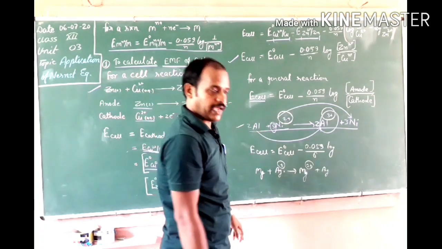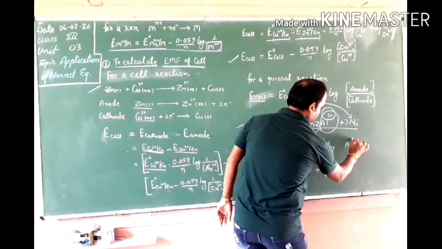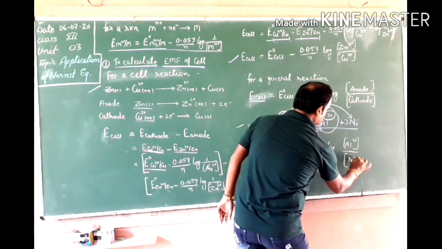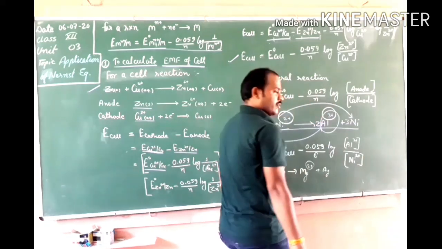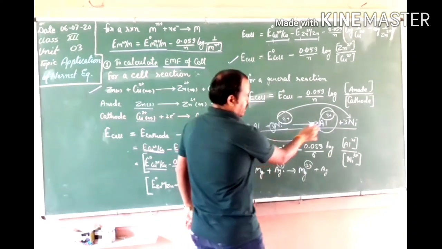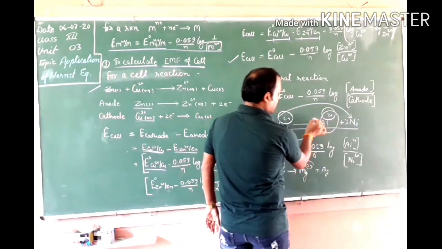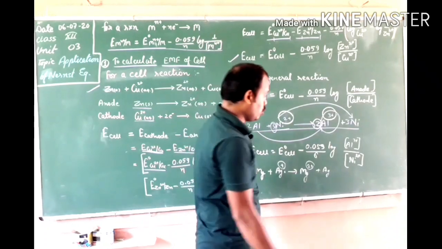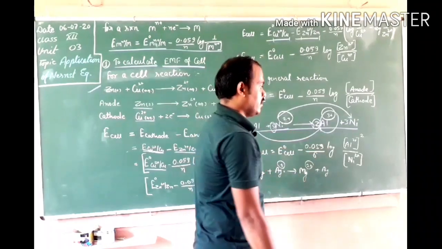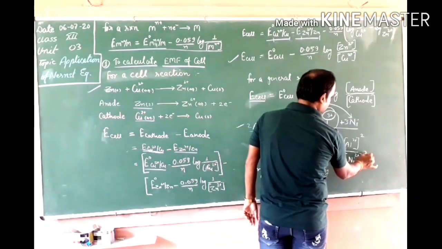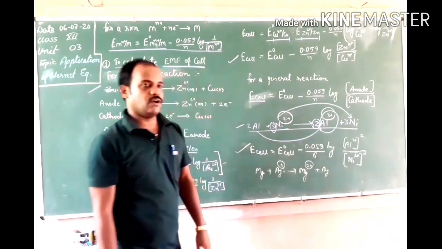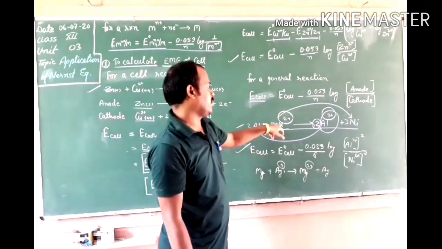Here aluminium is the anode, so we will write Al3+ here, and the cathode is nickel, so we will write Ni2+ here. Al3+ has a stoichiometric coefficient equal to 2, so we will write 2 here, and nickel's stoichiometric coefficient will be 3. Simple. So now this will be the E cell of the cell prepared from aluminium and nickel.